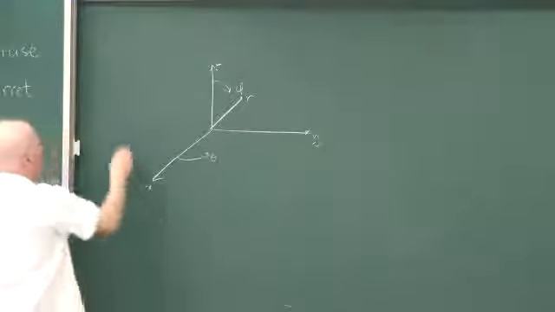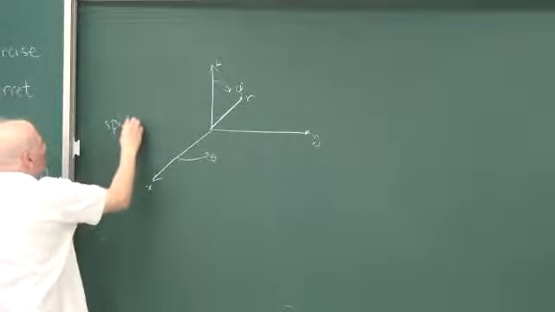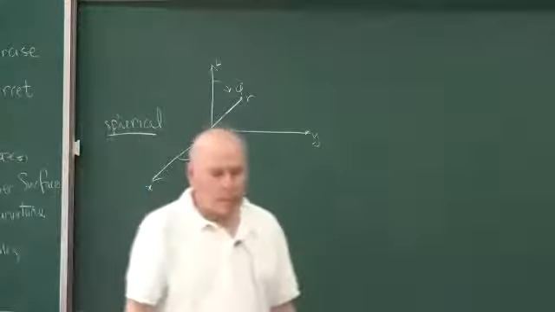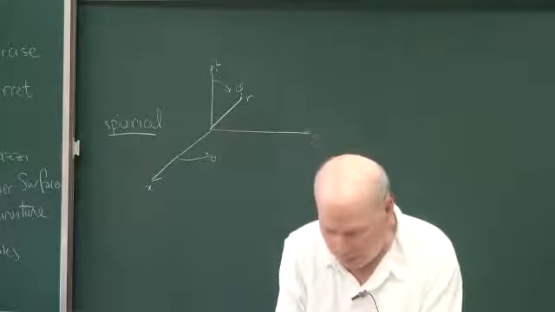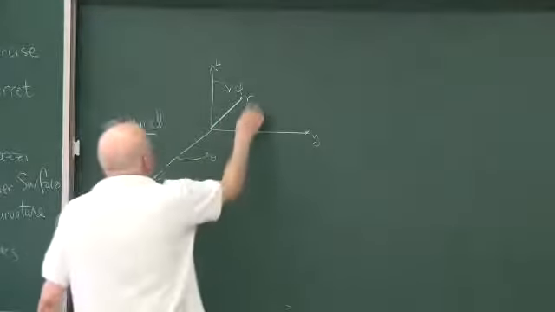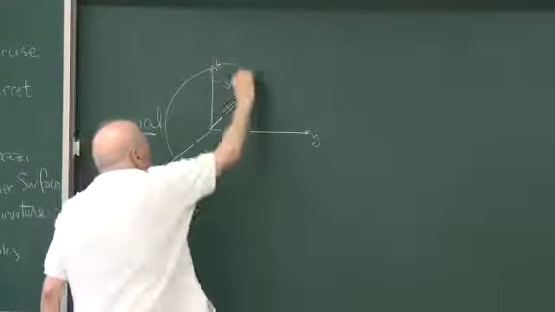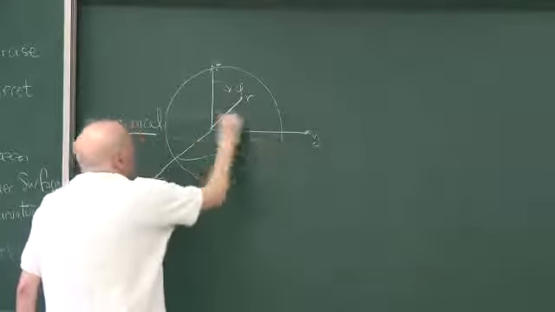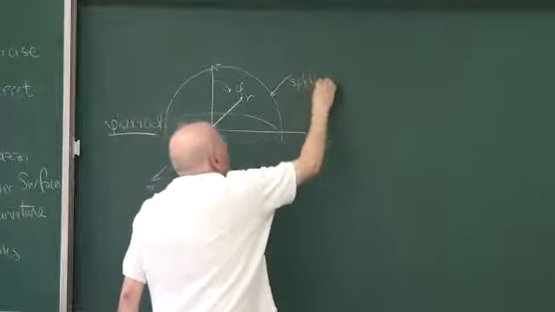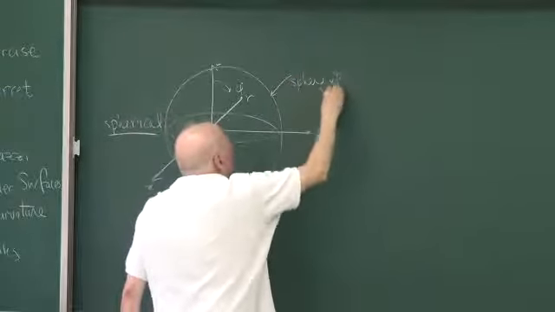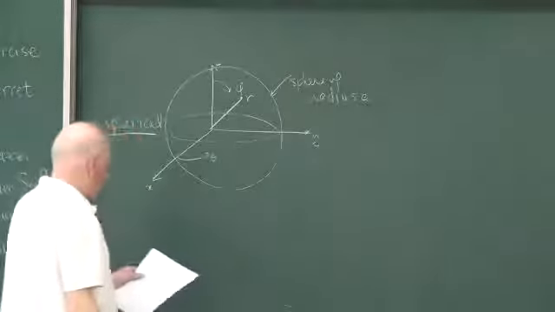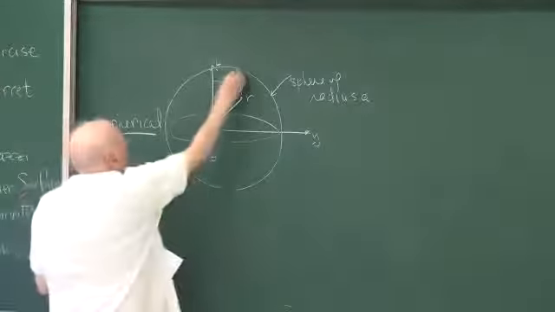So spherical coordinates. And now let's take a sphere of radius a. So that's a sphere of radius a.